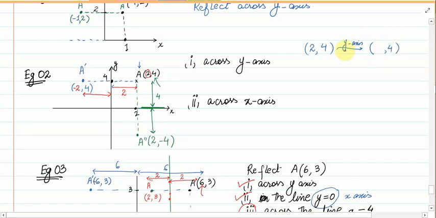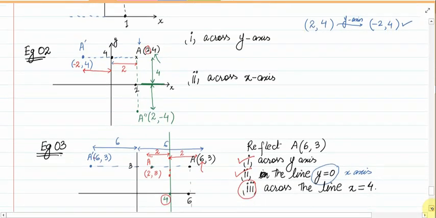Y remains the same and x is negative. So that is the answer, and you can see that our answer is also the same. So on the y-axis, x, y becomes minus x, y, right? So I hope that this is clear to you.